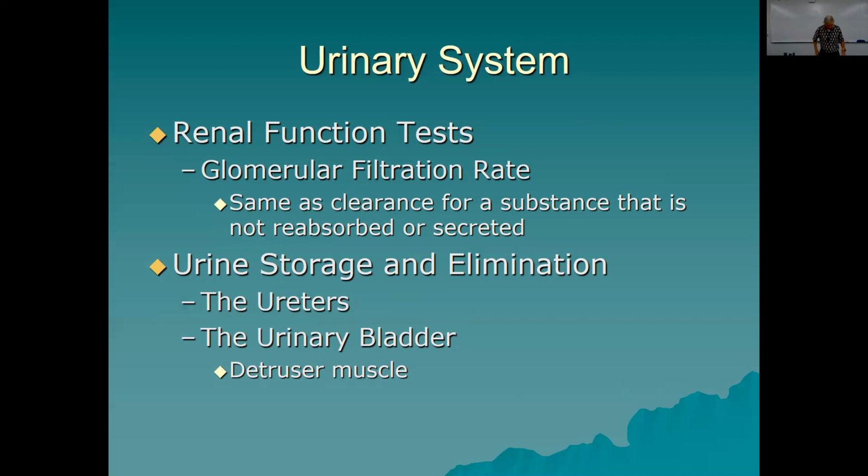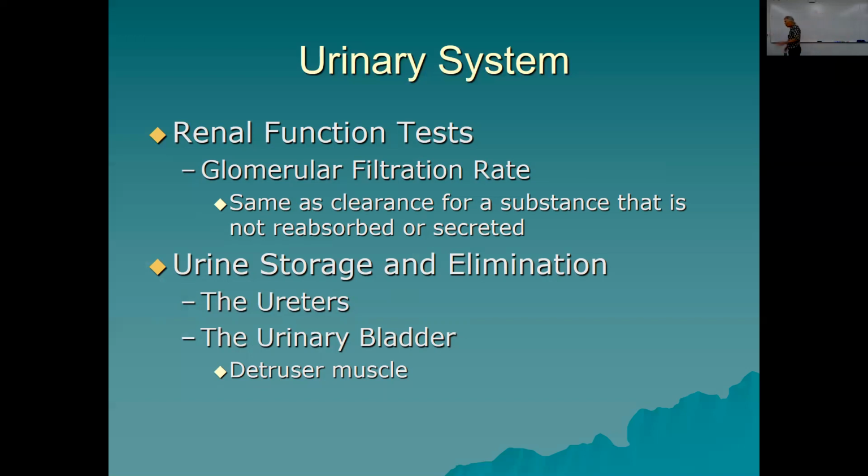So it's actually about 40% reabsorbed. A lot of times they just use creatinine, because creatinine is secreted a little bit, but not very much. So the clearance of creatinine is pretty close to GFR. The best thing to use is inulin.